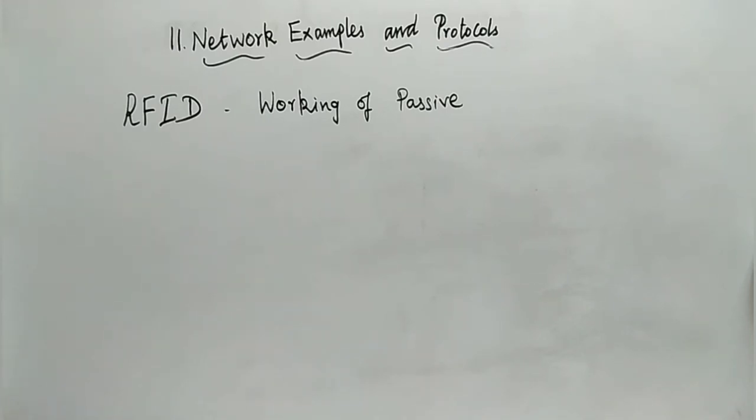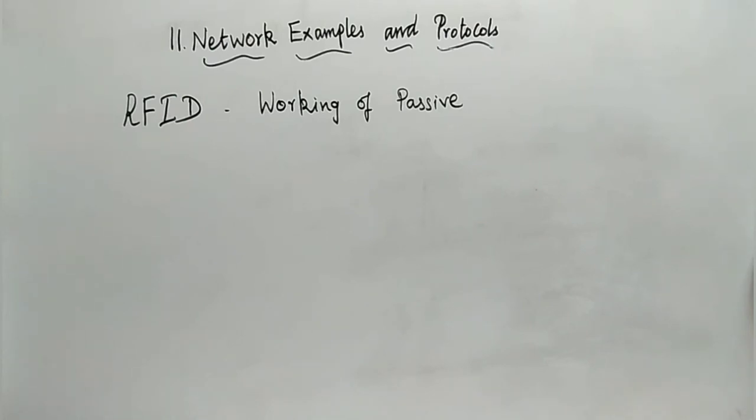You know that for passive RFID, does it have its own power source or get power from another source? For a passive one, it is going to get the power from another power source only. From which source? From the reader, it is going to get the power.